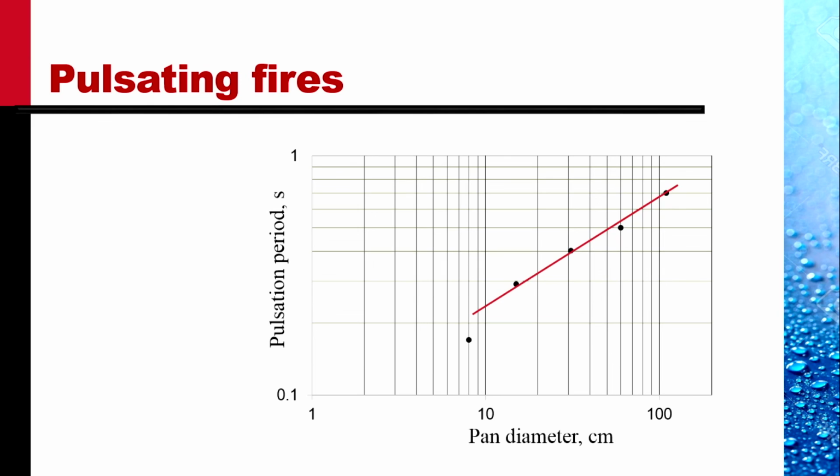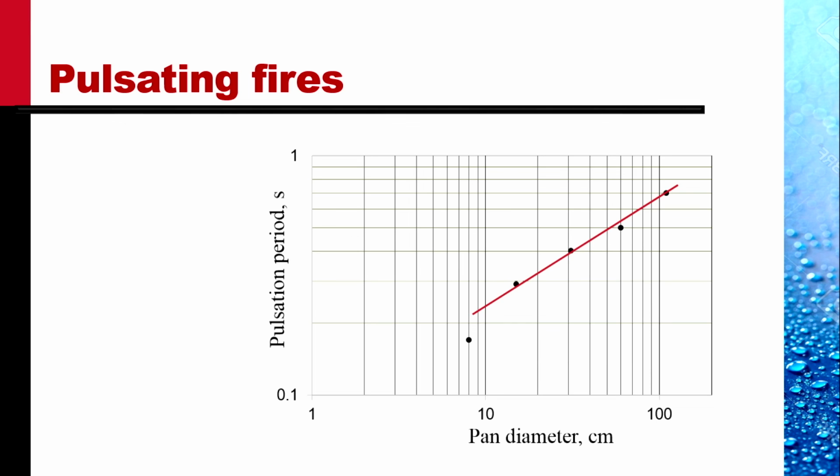Bryan and Nelson conducted experiments by using a liquid fuel on circular pans of different diameters from about 8 centimeter diameter to a meter in diameter, and they observed the pulsation period in seconds.